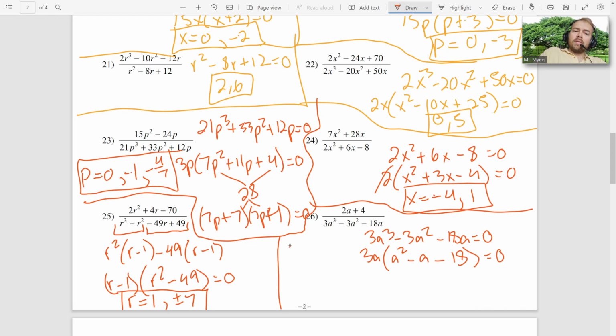We know that one of the answers is 0 because of this, 3a. But does it still factor? What I mean by that is I couldn't think of integer factors. There doesn't seem to be any integer factors. I'll check again. 1 and 18, that would subtract to 17. No. 2 and 9, that would subtract to 7. No. 3 and 6, that would subtract to 3.